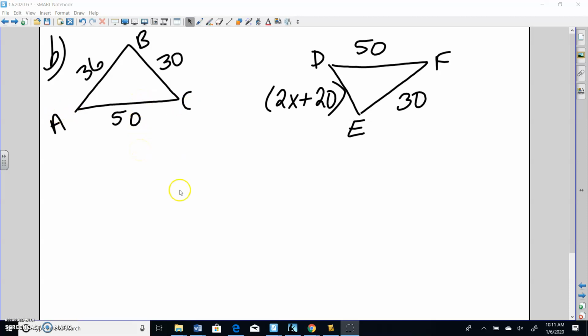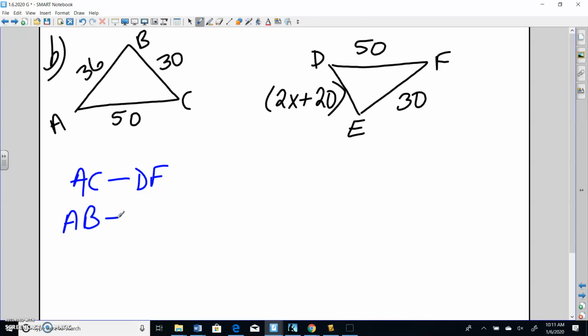So let's start with side AC. Side AC on the first triangle is going to match up with what side on the second triangle? AC is 50, so I'm going to find the 50 on the second triangle, so that's DF. And then I have side AB on the first triangle.